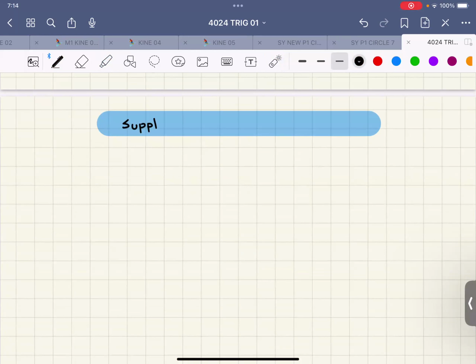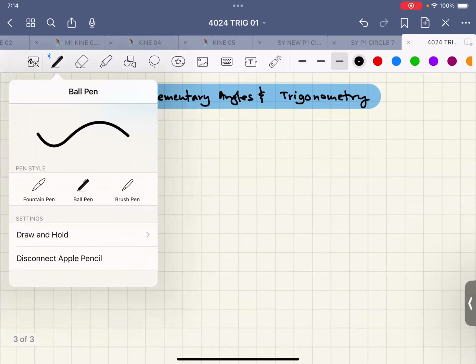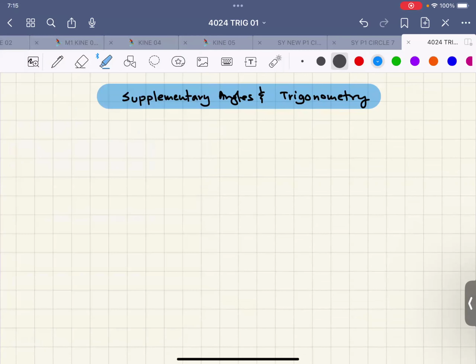So let me write this thing: supplementary angles and trigonometry. Now, you can have your calculator ready. I remember these ratios, so I'll simply write it down. Now let me make different columns.